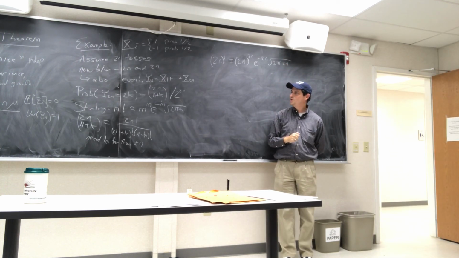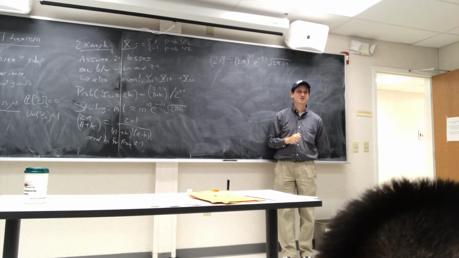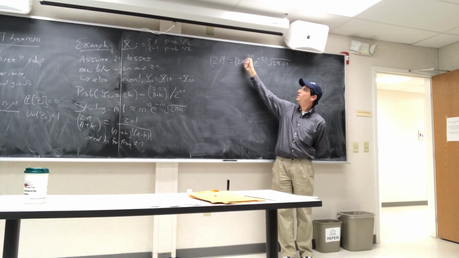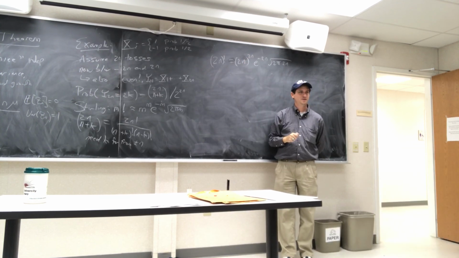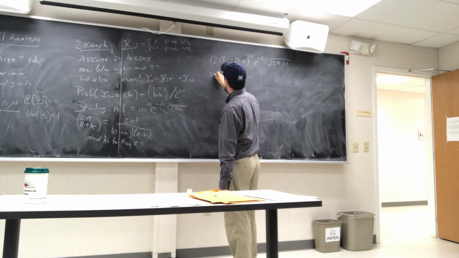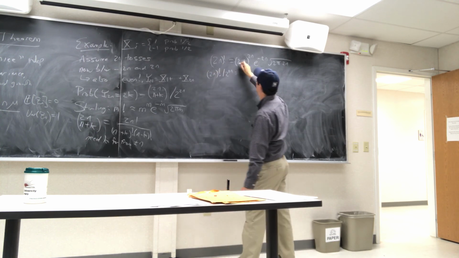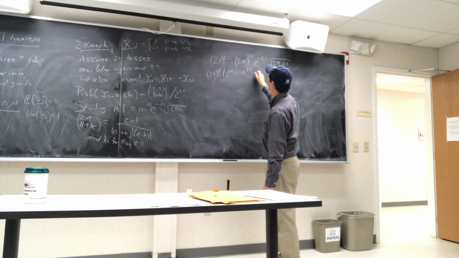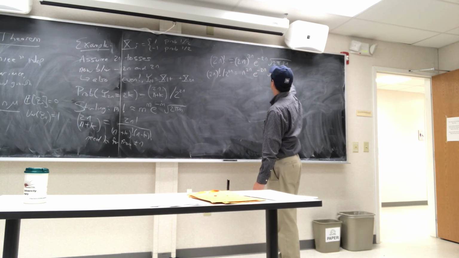Oh, what do we get to divide our probability by? We get to divide it by 2 to the 2n. Look, I've got a 2 to the 2n, n to the 2n. The 2 to the 2n is going to cancel nicely. So 2n factorial divided by 2 to the 2n is just going to be n to the 2n, e to the minus 2n, square root of 2 pi times 2n.